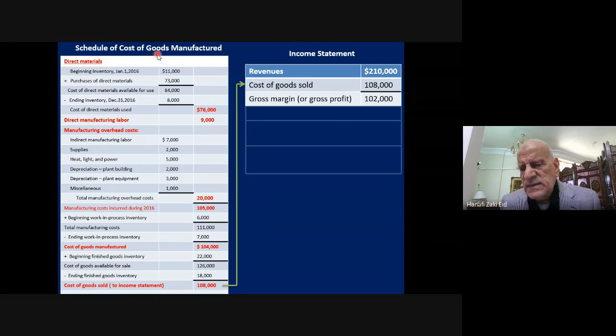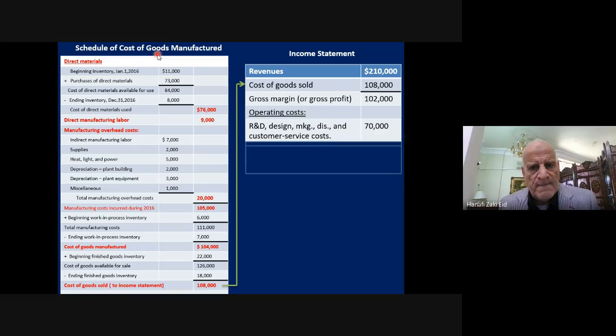This is gross. If you want to have the net operating income, we have to deduct the other costs which are not inventoriable, which are called period costs. Operating costs. Period costs here, I intended to give it to you in some details.